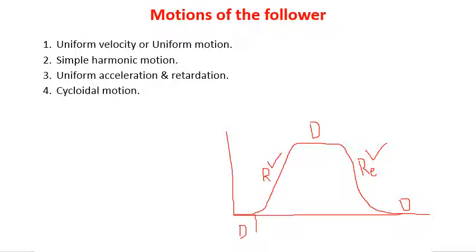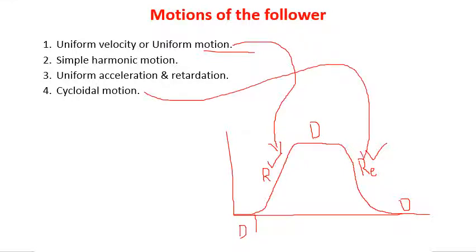Okay, so the motion of the follower, suppose the follower rises by uniform velocity, then we have to adopt this procedure in order to draw the displacement diagram. Suppose the return is by cycloidal motion, then we have to adopt this procedure in order to draw the displacement diagram, especially for the return stroke.